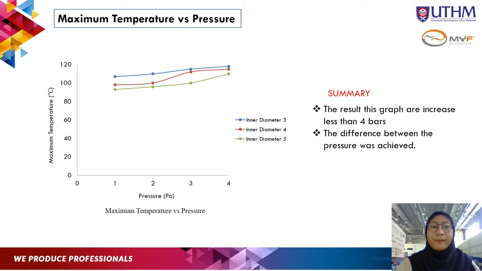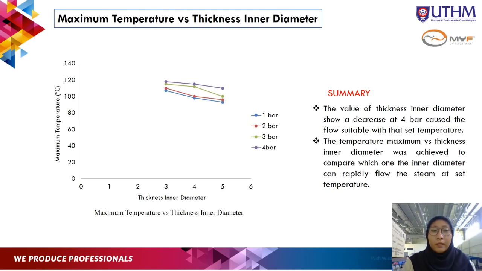Next for the maximum temperature versus thickness in millimeters, where the maximum temperature was set at 120 degrees Celsius, and then the thickness was decreased to 5 mm, and the values of 1 bar, 2 bar, 3 bar, and 4 bar mostly increased at the 3 mm and decreased at the 5 mm.